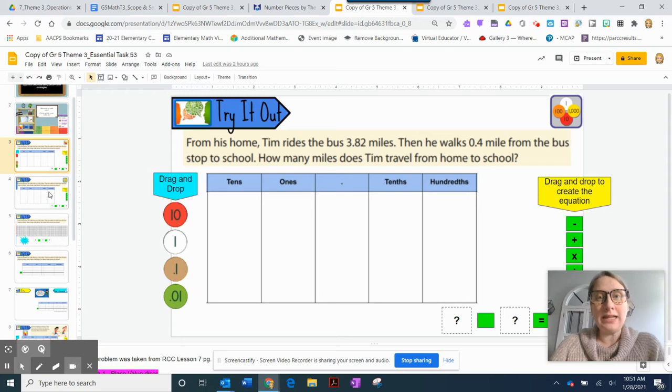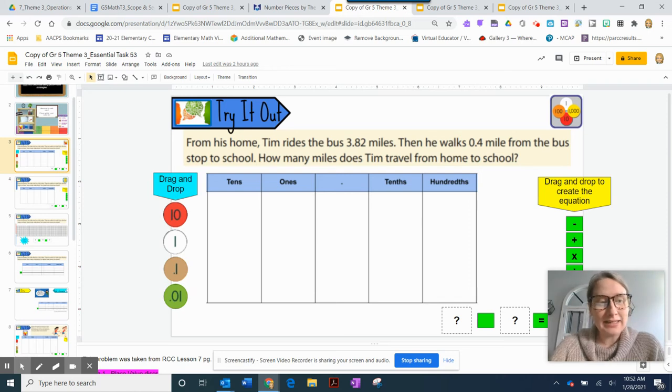So we're really going to need to make connections for students and help them see what other strategies they could possibly use. Once again, make sure that you discuss reasonableness. What would make sense here? Do we think it's going to be greater than 4, less than 4? Will it be greater than 5, less than 5? Before we even dive in and get started.